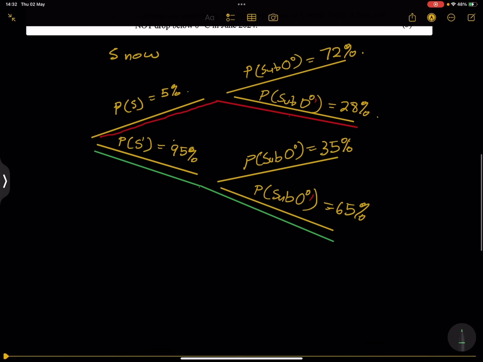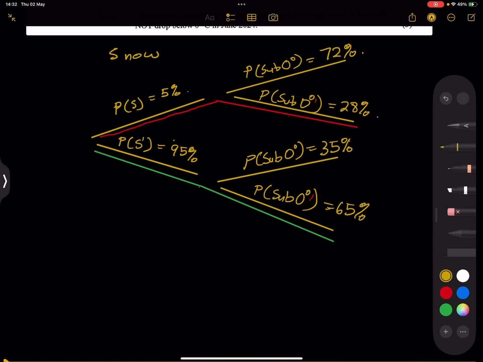Now, how are we going to calculate that entire probability?